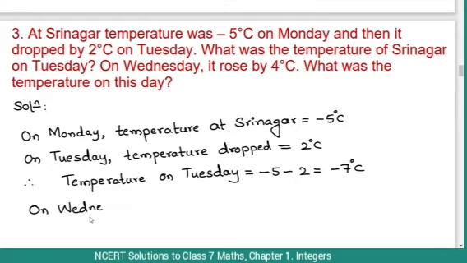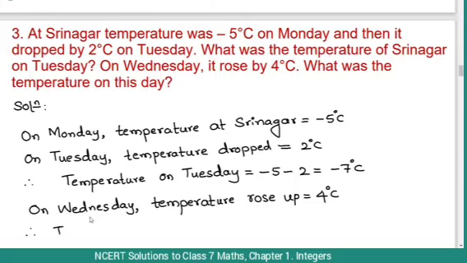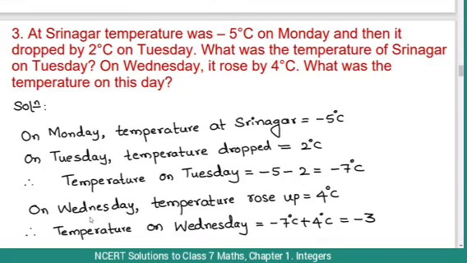And on Wednesday, temperature rose up by 4 degrees Celsius. Therefore, temperature on Wednesday, we have to add these two. Temperature on Wednesday is equal to minus 7 degrees Celsius plus 4 degrees Celsius, which is equal to minus 3 degrees Celsius.